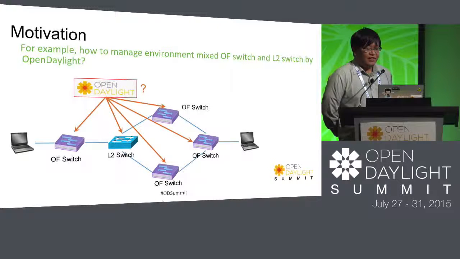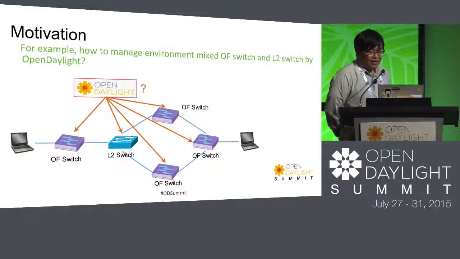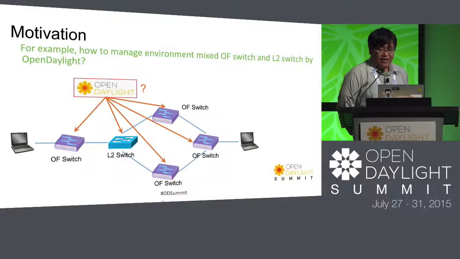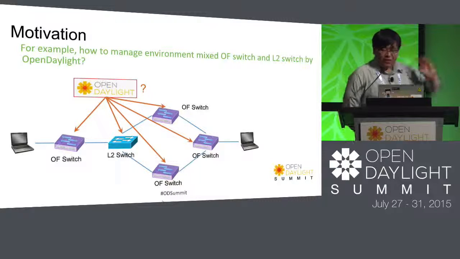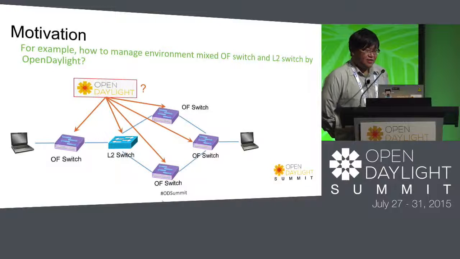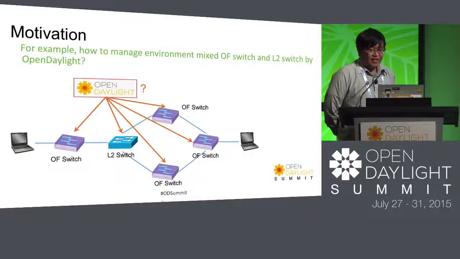We want to know how OpenDaylight manages each network technology such as OpenFlow, VLAN, and VPN, and so on. This is a simple case. Can OpenDaylight manage this? Usually, everyone uses some networking technologies together in their system.